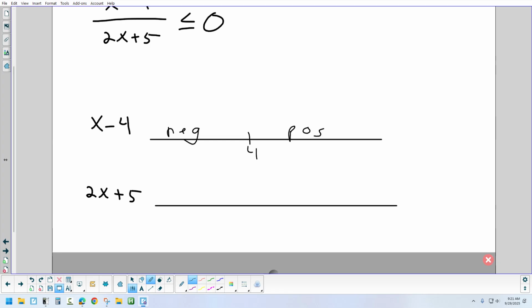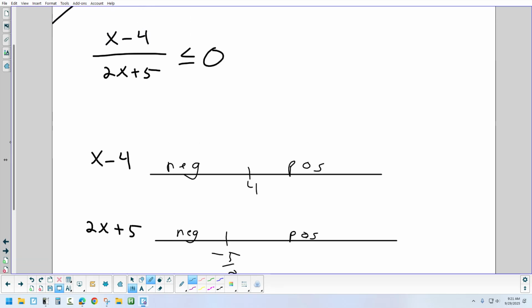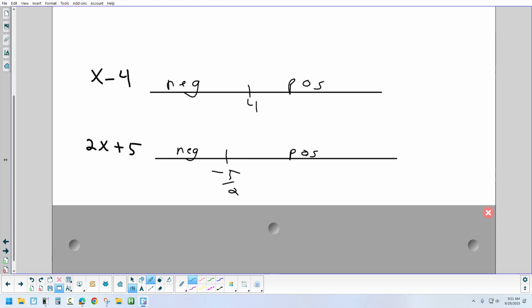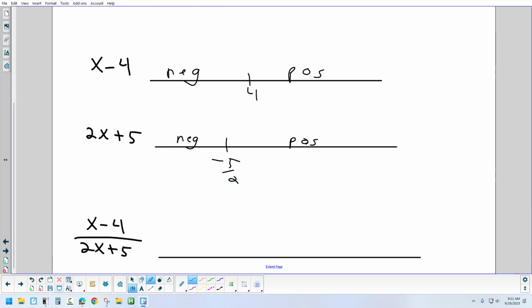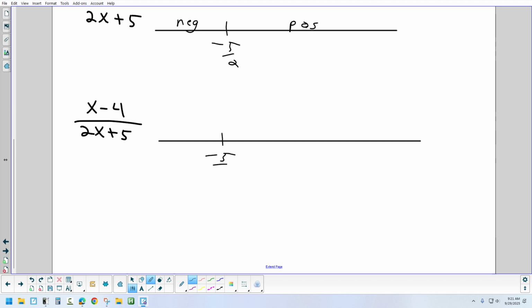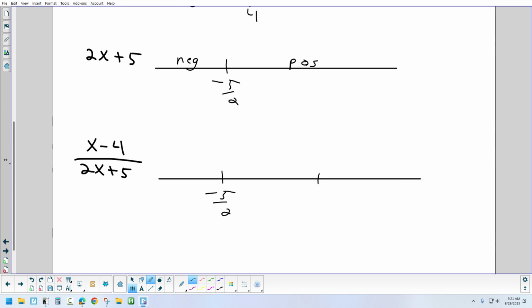So negative 2.5. Positive, negative. And they want to know where you're going to be less than or equal to 0. Okay, when you put all of that together, you have negative 5 halves. What's the other one? 4.